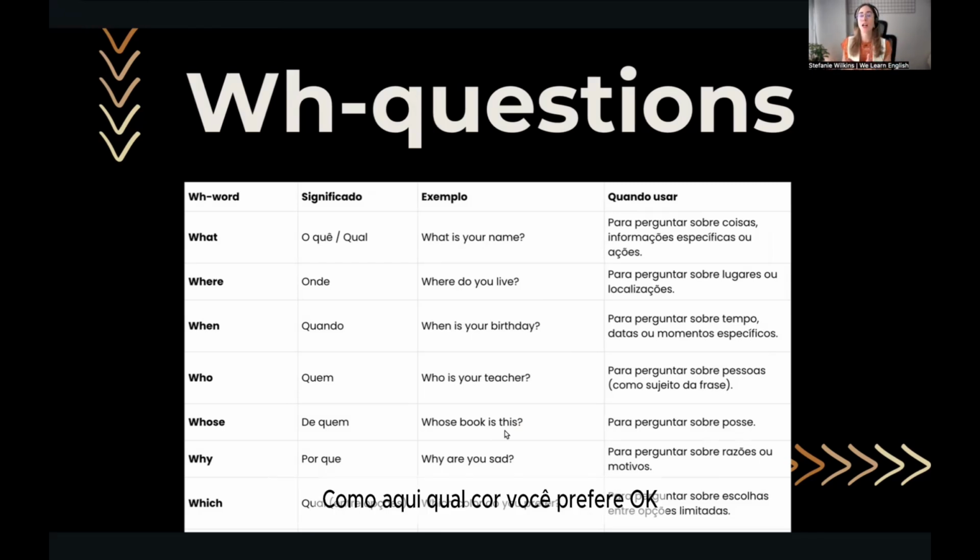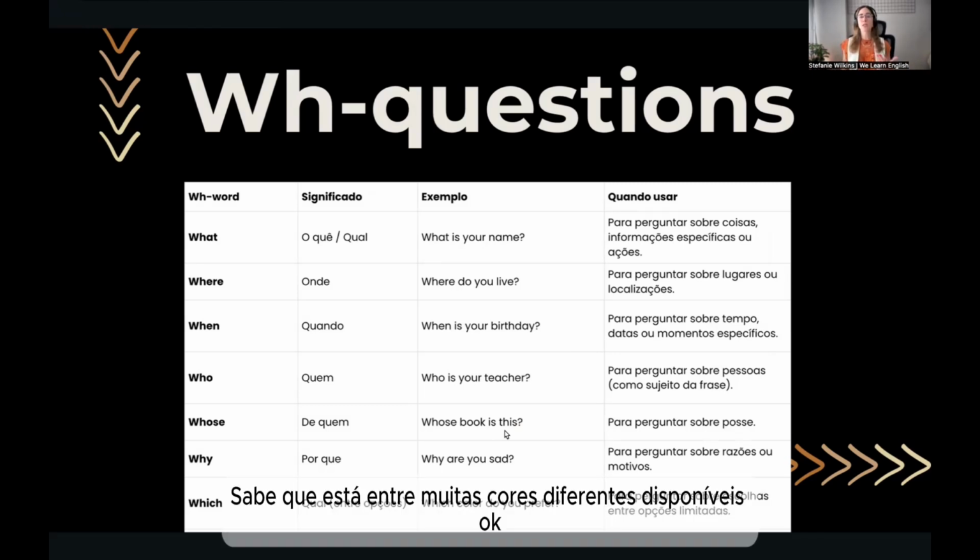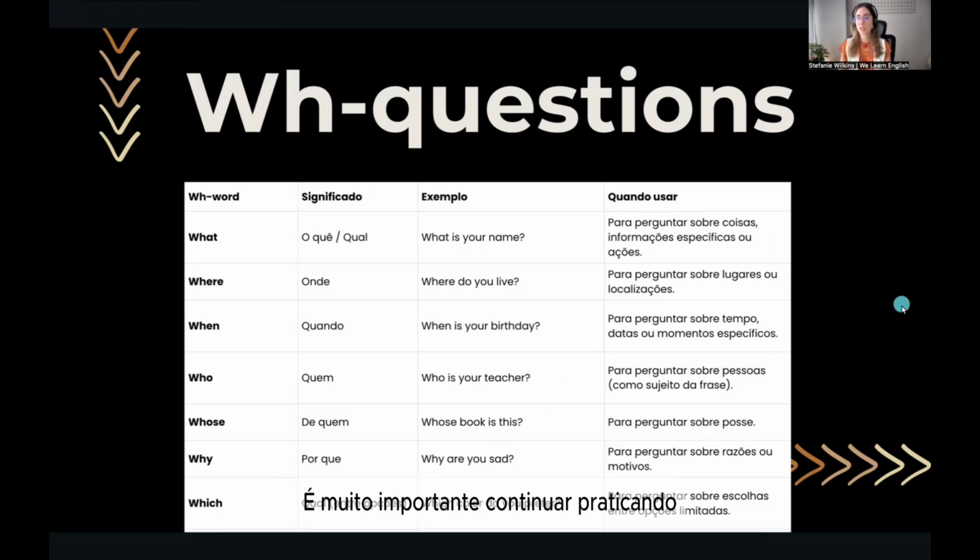Like here, which color do you prefer? Okay, you have some possibilities, but if you want to know the color of the preference of a person, you can say, what's your favorite color? So the person knows it's among many different colors available. Okay? It's very important to keep practicing.